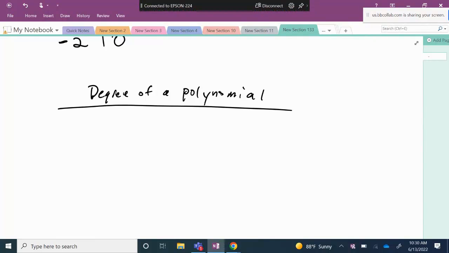For the degree of a polynomial, the degree of the polynomial would be the largest degree. Let me rephrase it. It takes the degree of the largest term.